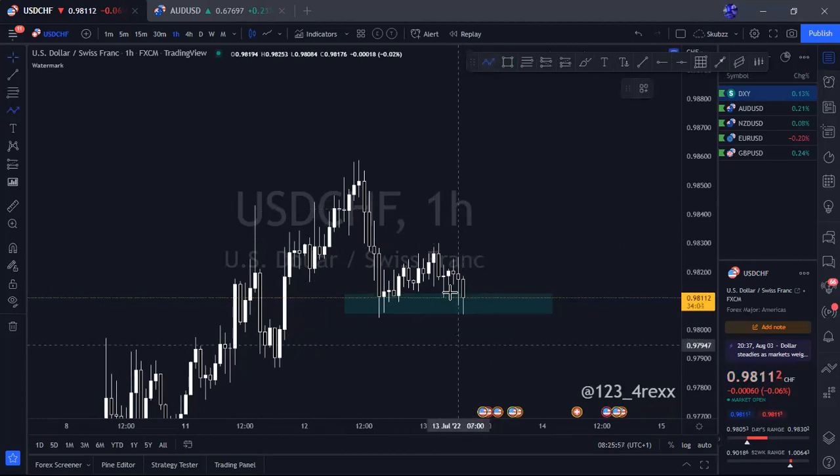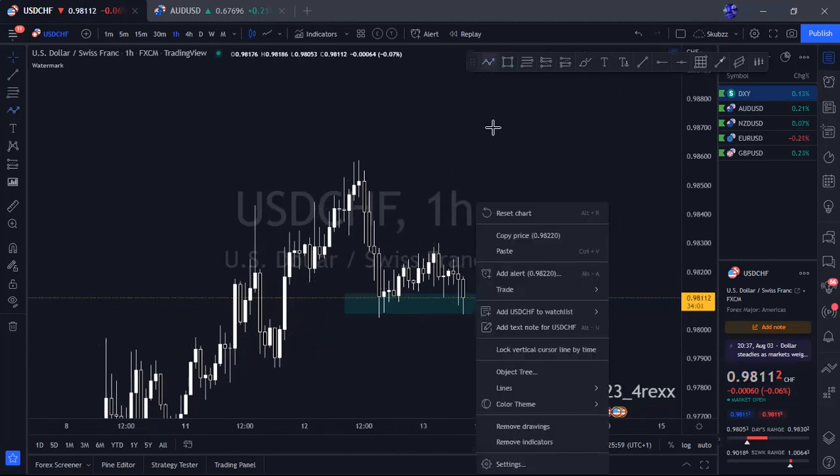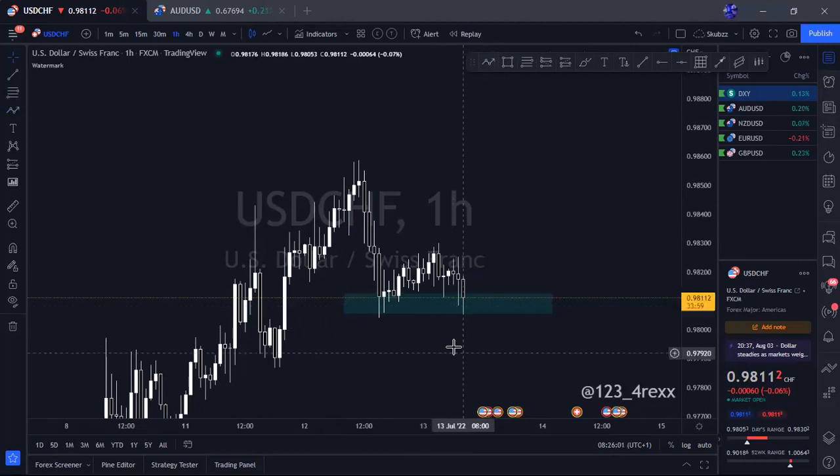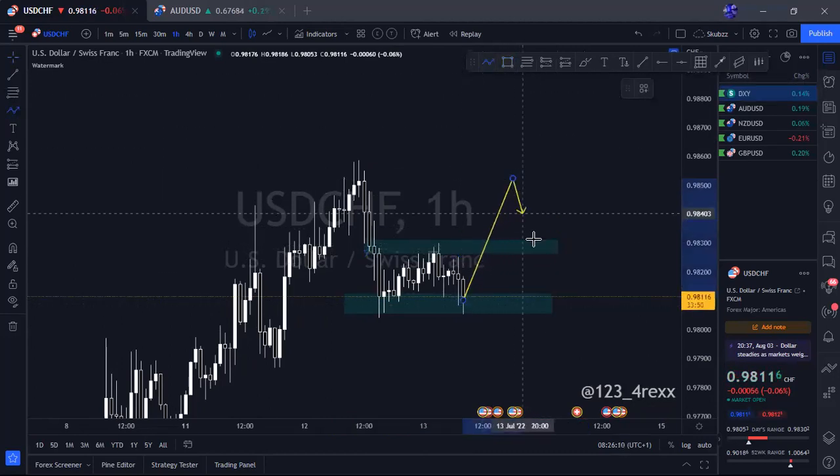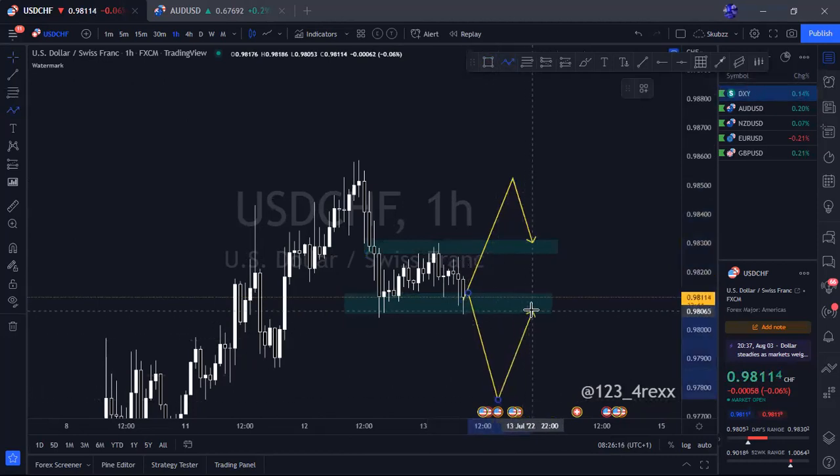And then what I would say you should watch out for is if price is going to break this low to the downside or break this high here to the upside. Do you get? Either way, wait for that break before you react. Wait for the break and the retest before you do any reaction. That's just it.